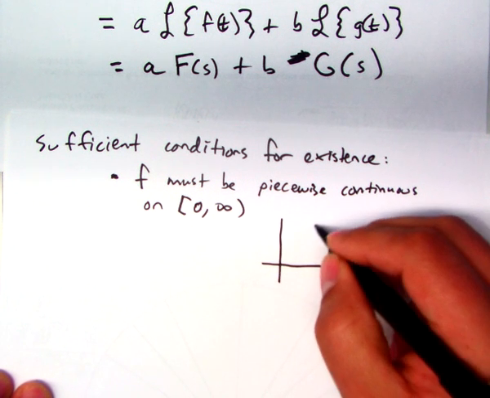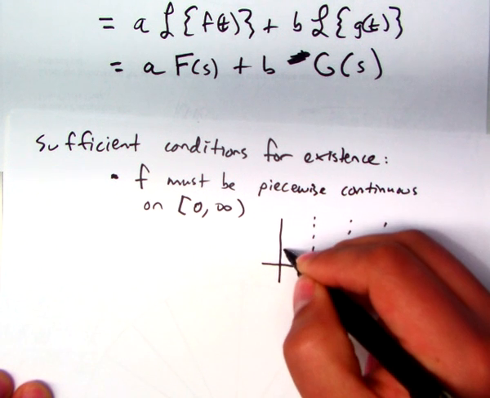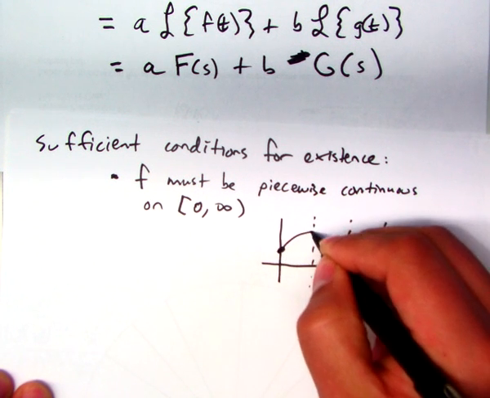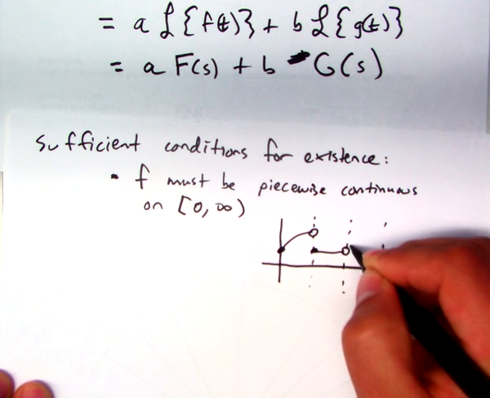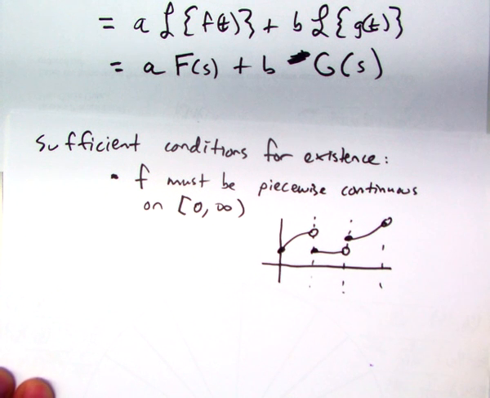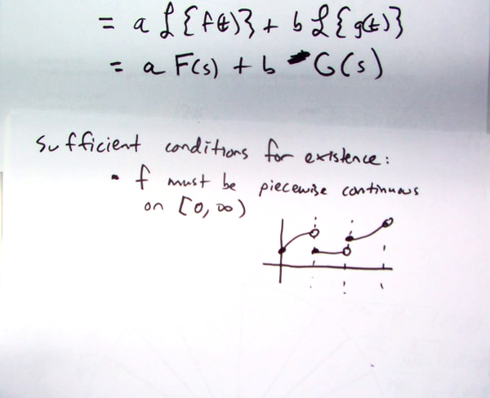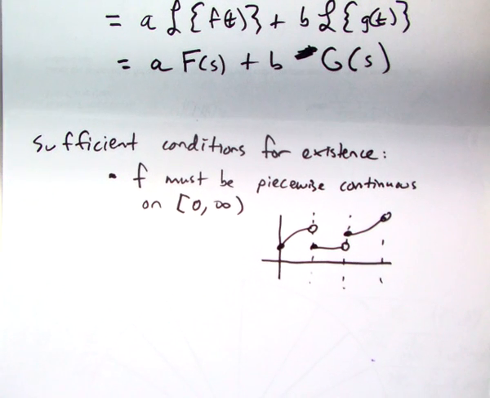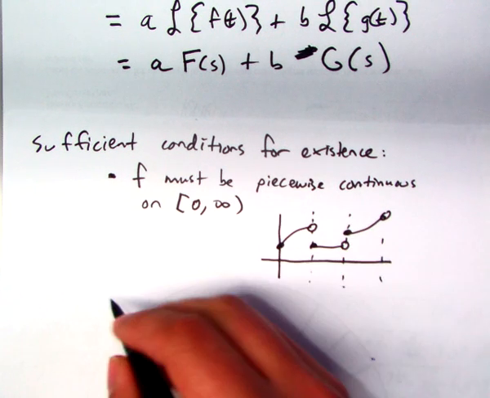So something like this would be okay, and so on and so forth. Piecewise defined functions are good. Naturally, if we have one big interval from 0 to infinity, that's fine, but we could also subdivide it into smaller intervals if we want. As long as we have that condition met, that's good.